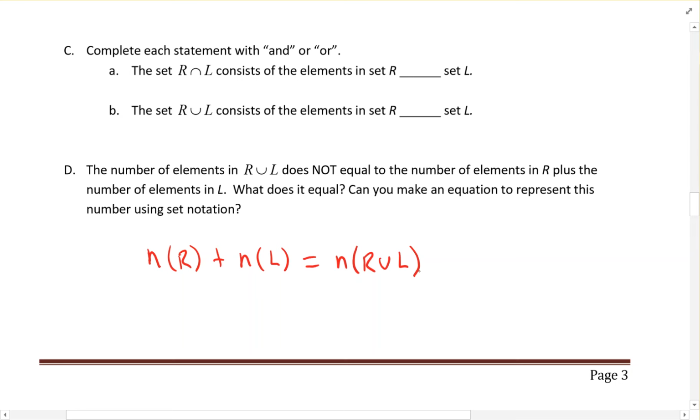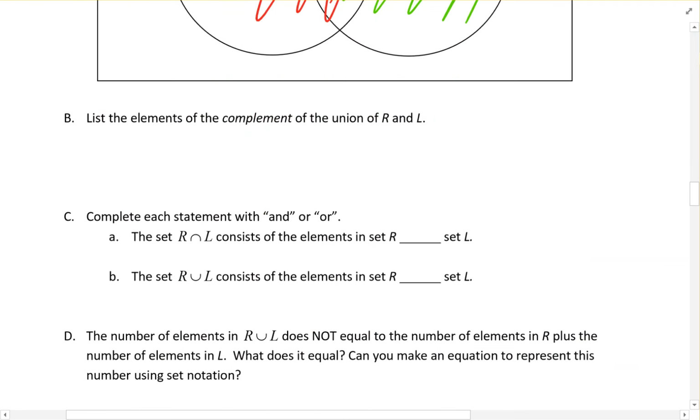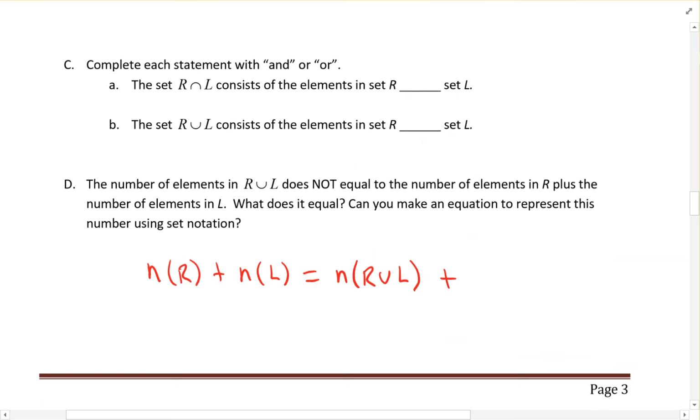All of it together. But we're saying it doesn't equal that. It's going to equal that plus that middle section, right? Like I said, we counted that middle section twice when you added those together. So it's going to be that plus n, the number of elements in R intersection L. That's what the middle area is. Okay, so that's kind of our equation.